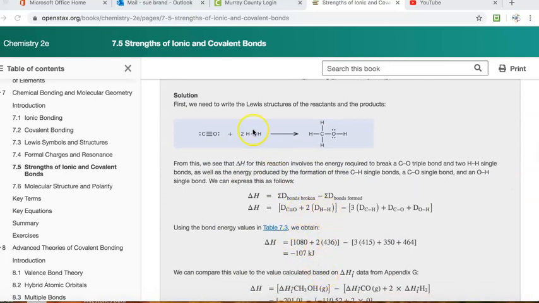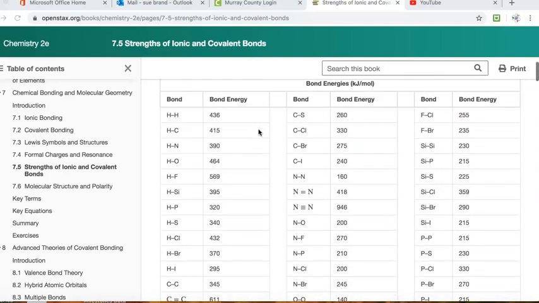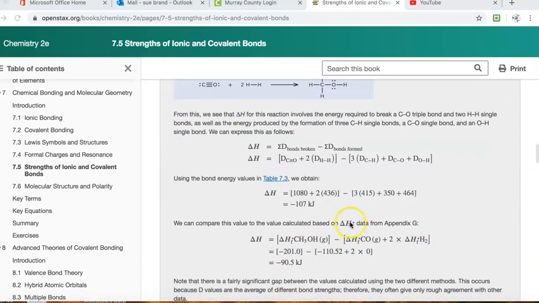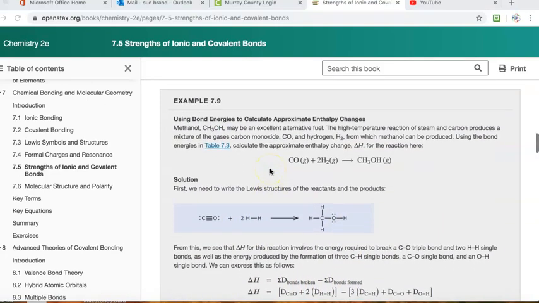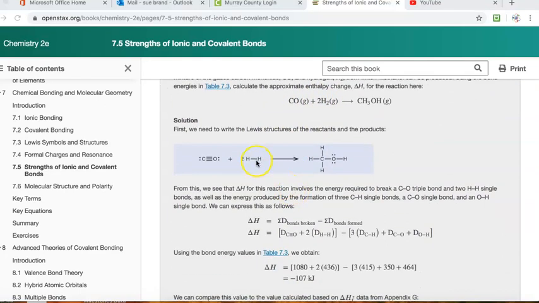Then 2 times the hydrogen-hydrogen single bond, so we have to look that up. The hydrogen-hydrogen single bond is 436 kilojoules per mole. So we input that, times 2, because there are two molecules of H2 in the balanced equation here.